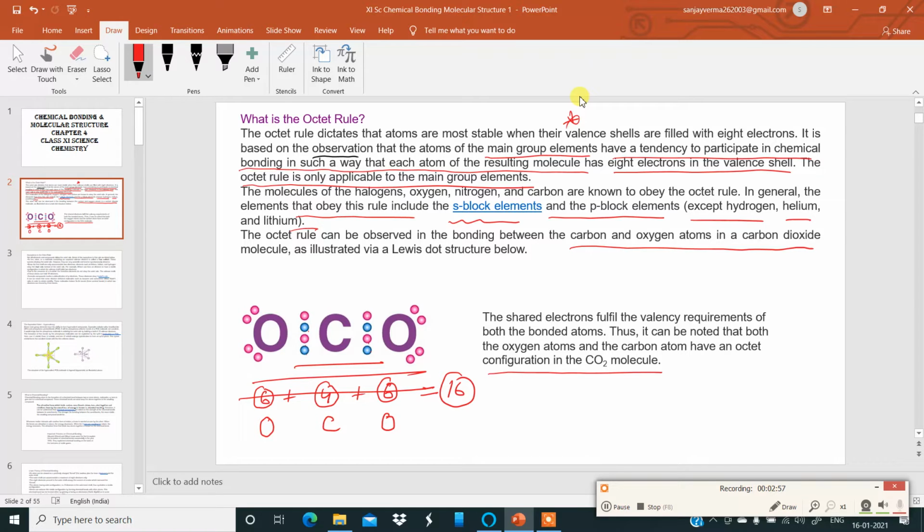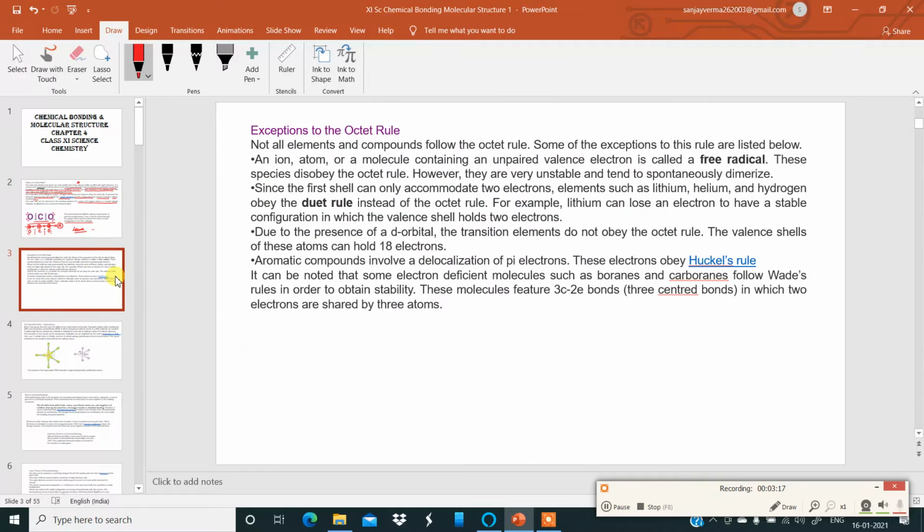That is why we have it like this. So this is a Lewis structure representation.